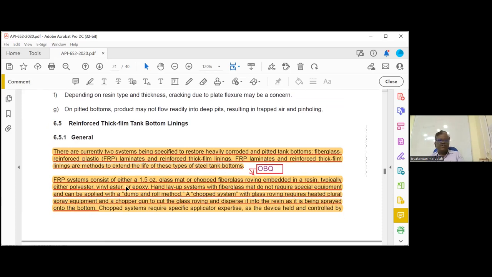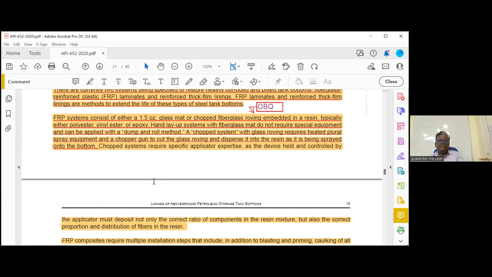FRP system consists of either a 1.5 ounce glass mat or chopped fiberglass roving embedded in a resin, typically either polyester, vinyl ester, or epoxy. So thin film linings are epoxy. This one here we are using vinyl ester or polyester.